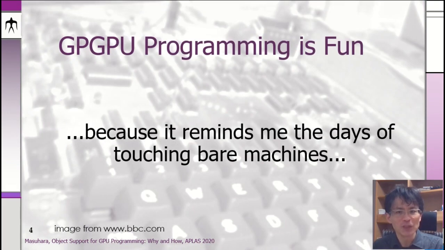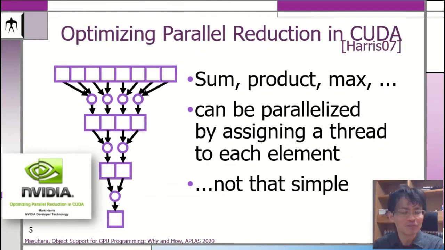But before talking about the object support, I'd like to say that GPU programming is fun because it reminds me of the days of touching bare machines. In order to explain my feeling, I'm going to explain one optimization technique for GPUs by borrowing slides from NVIDIA.